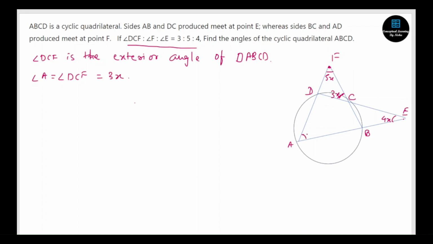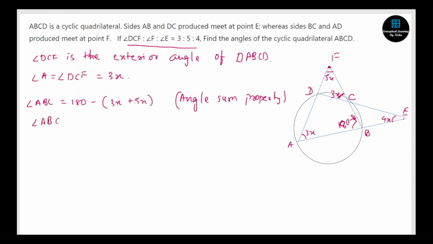Now if I apply the angle sum property for triangle ABF, angle ABC equals 180 minus 3x plus 5x, so angle ABC equals 180 minus 8x.